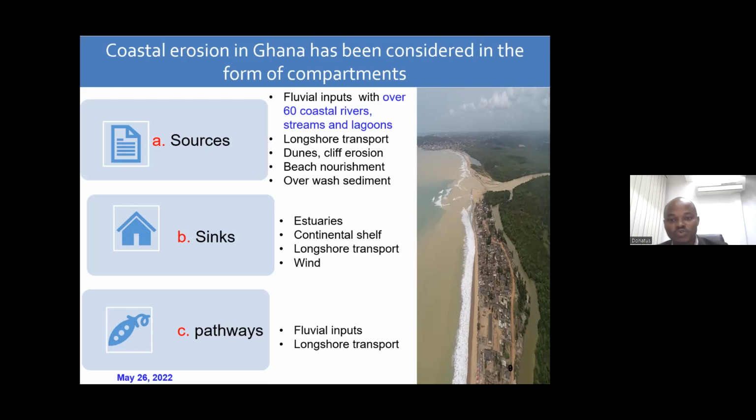If we are unable to do this, then we will not be able to balance, or will not be able to know where we can protect and where we can leave. And this is something that has not been done. We have a lot of interventions that are being done along the coast, but there has not been any holistic mapping of the entire coastal area to understand the different compartments in terms of these characteristics I just mentioned. Next slide, please.